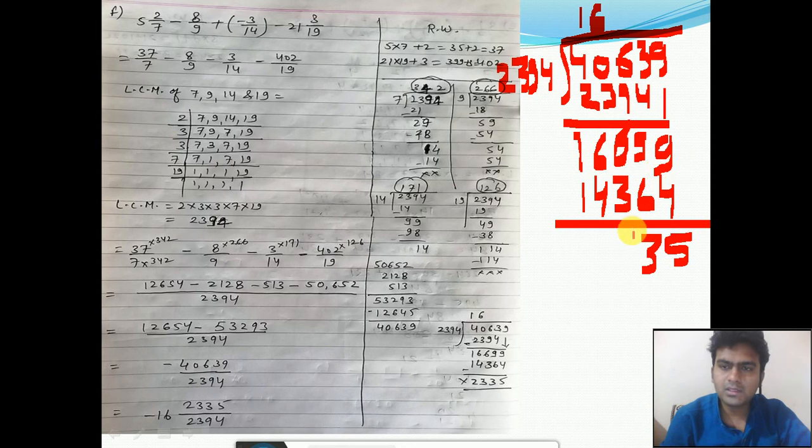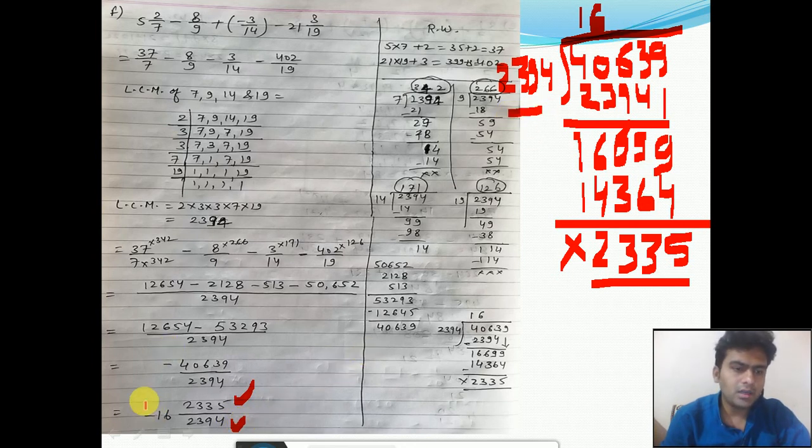So 6 minus 3 equals 3, and 6 minus 4 equals 2. So 2335. So the remainder we will write in the place of the numerator, and the divisor in the place of the denominator. 2394 and 16 in the front, and the sign minus. So we got the answer minus 16 complete, 2335 upon 2394. This is the answer.